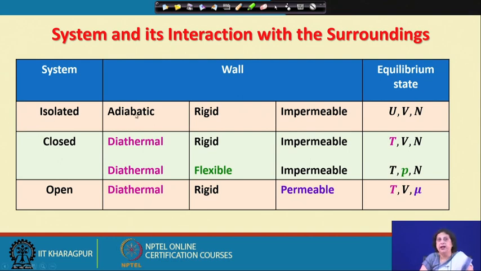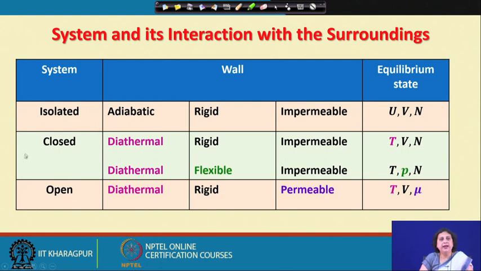If I have an adiabatic wall that is rigid and impermeable to the substance that is there inside the box, I will have an isolated system, isolated from the surrounding. And I can very easily describe the equilibrium state of the system by assigning specific values of its energy U, the volume of the box V, and the number of particles N present in the system.